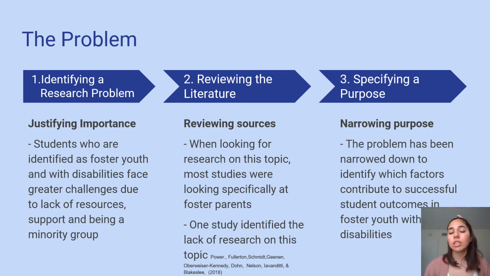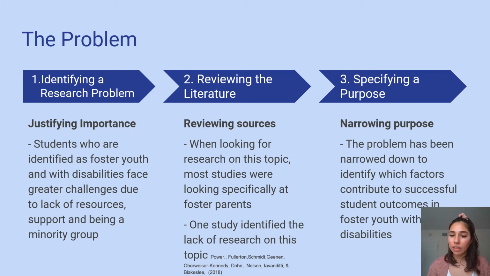So looking into step 2, which is reviewing the literature, you're reviewing different sources. And as I mentioned before, when I was looking through this topic, I noticed that there was a lack of research, specifically when it comes to foster youth with disabilities. There's research about foster youth, there's research about people or students with disabilities who are going through the transition period out of high school.